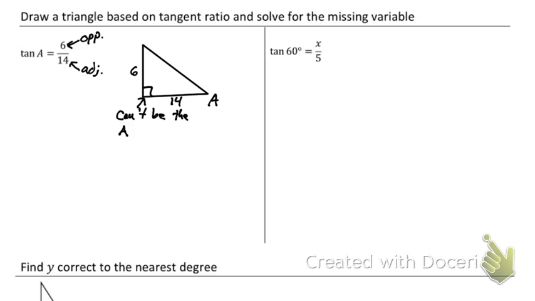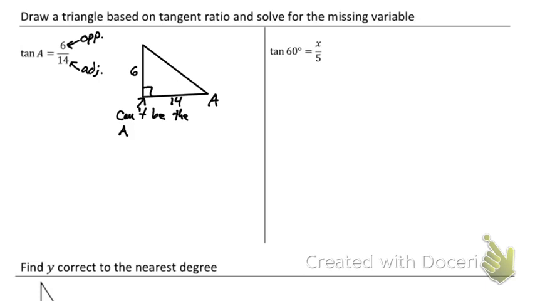When I need to get A by itself, one way to do it is just realize that we use the inverse. So the mathematical way to do this is actually taking the tan inverse of both sides. That's how I'm going to get A by itself. So I'm going to take the tan inverse of both sides, left and right. I don't really have room to the left, so I'm going to put it all the way down here.